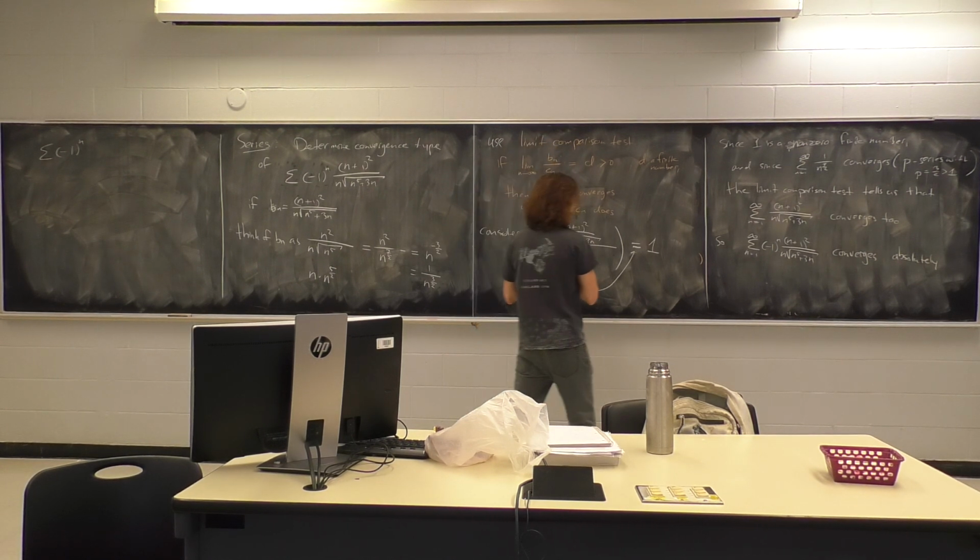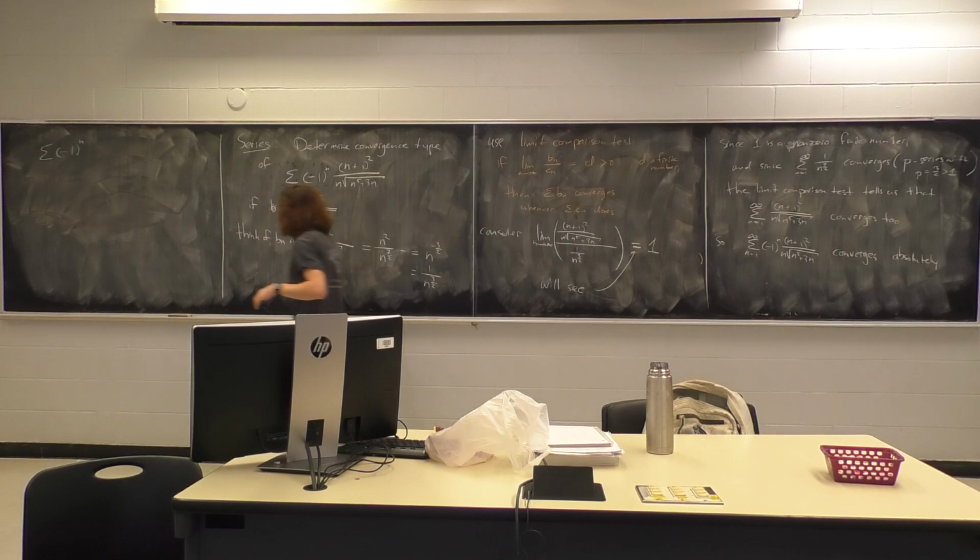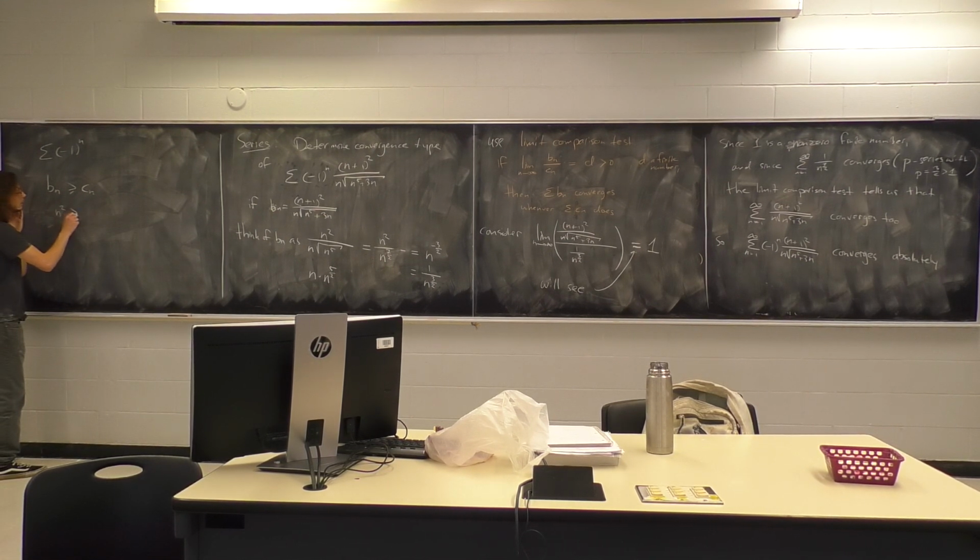Okay, so I think you're thinking of a comparison test. This is a limit comparison test. But if you had Bn larger than Cn, like this, with no information on the limit, for example, n squared larger than or equal to n. If you take the quotient of this and the limit, you won't get a finite number. But it is true that n squared is larger than or equal to n.